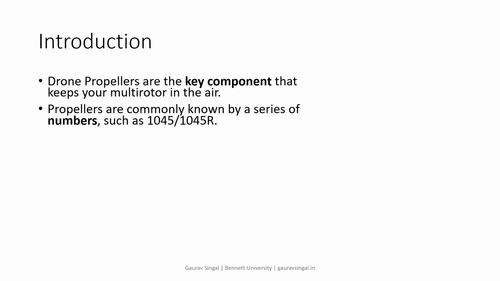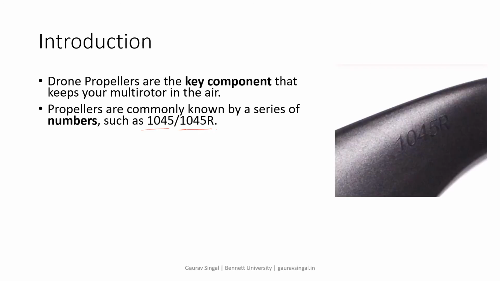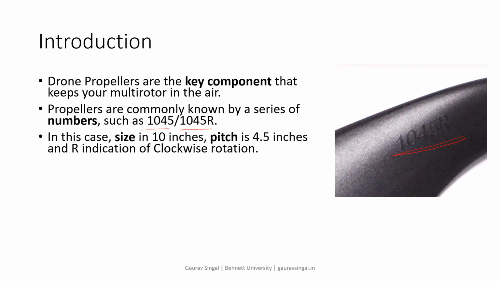Propellers are commonly known by a series of numbers. One example is 1045R. I'll tell you what the numbers mean. You can see in the picture the number is mentioned here: 1045R. R is basically for rotate right.